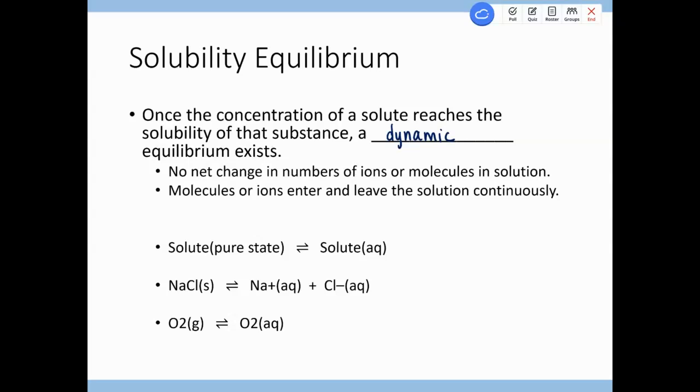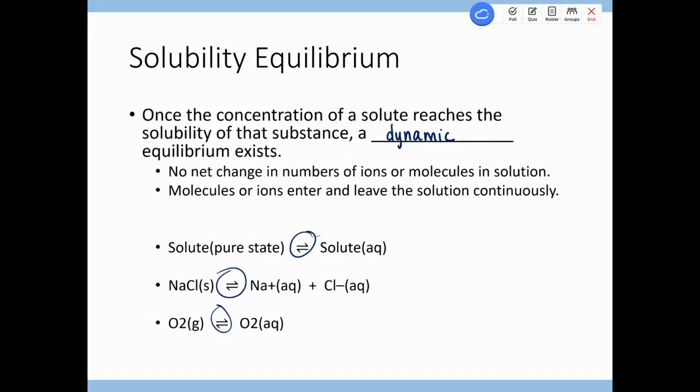So the same thing is true if you have a solid in solution. We're assuming we have more solid than can dissolve in a beaker. Some of that solid is becoming ions, and some of the ions are forming ionic bonds and becoming a solid. So this equilibrium arrow, the double-headed arrow here, here, and here, indicates that at equilibrium, oxygen gas, this should be O2 with a subscript, is dissolving in water and becoming aqueous.